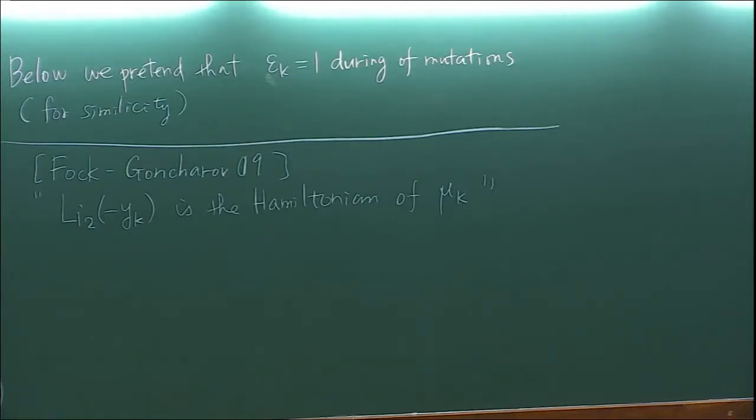So I need to introduce the Poisson bracket to explain this. And there is actually a canonical one which is associated to each seed, say the y seed, P of y.